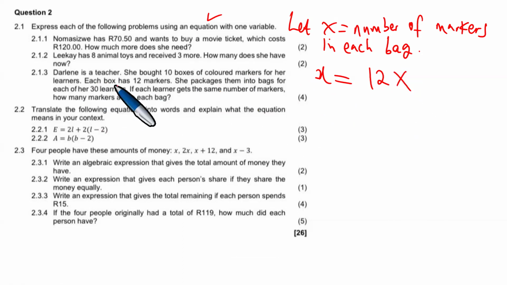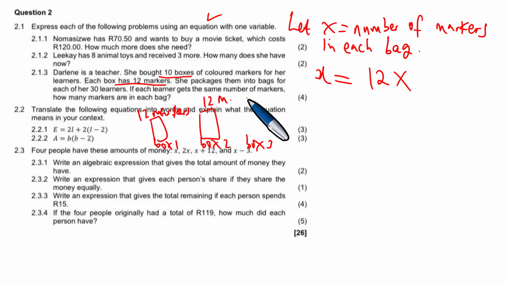If you have 10 boxes, box 1 has how many markers? Each box has 12 markers. Box 2 has 12 markers, box 3 has 12 markers, and so on until box 10, which is also 12 markers.